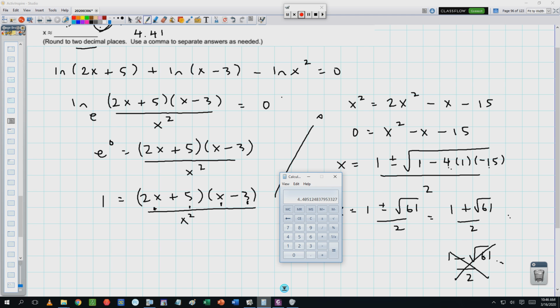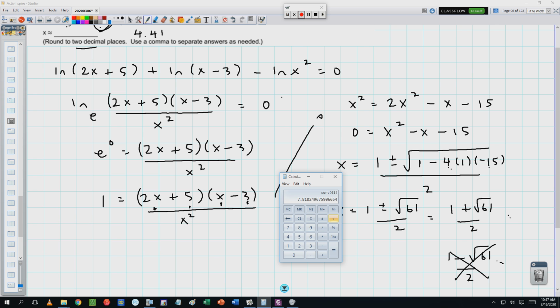But on the other one, 61 square root, times, no, how am I going to do that? Because I can't times it by a negative 1. Clear. 61 square root. I got to go 1 minus that.